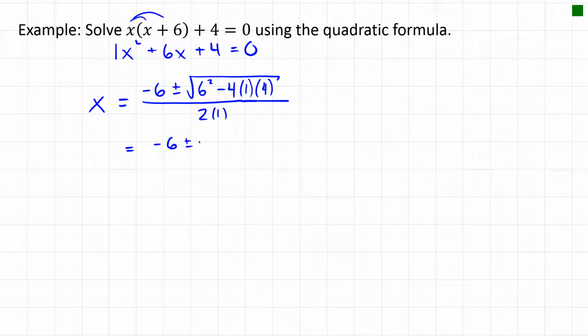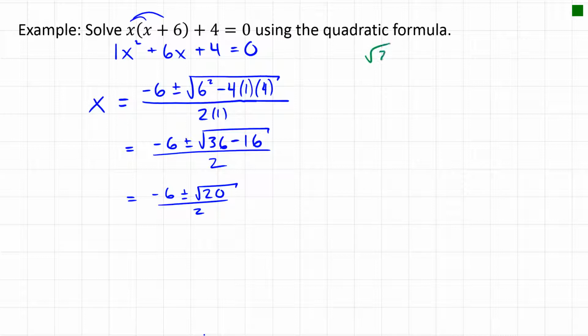So negative 6 plus or minus square root of 36 minus 4 times 1 times 4 is minus 16. And then all of which is divided by 2. So this is negative 6 plus or minus the square root of 20 over 2. And the square root of 20 can be simplified. The square root of 20 is equal to the square root of 4 times 5. So that would be 2 root 5.